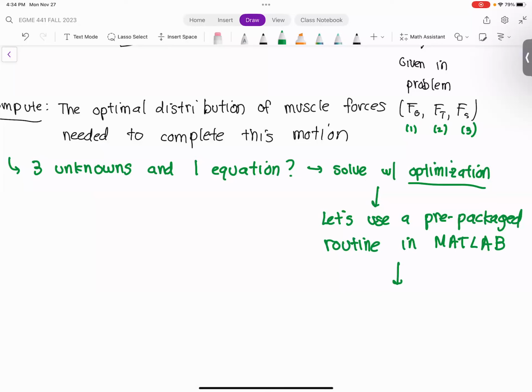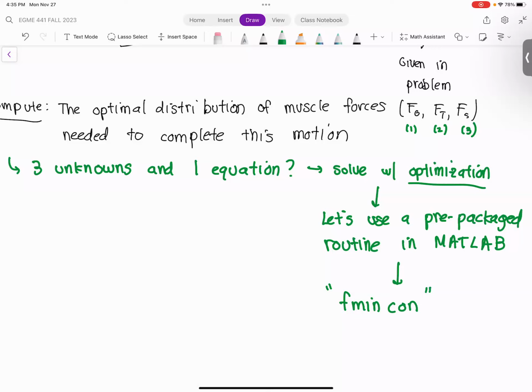And if you're curious about the specific routine that we're going to use, it's called fmincon. So what that function is short for is F, F stands for a function, right? And so that's what we're going to minimize.